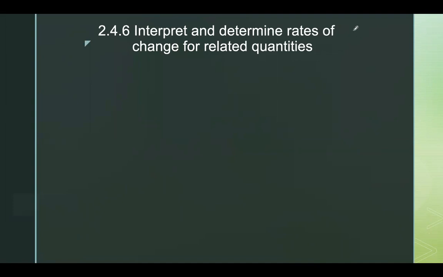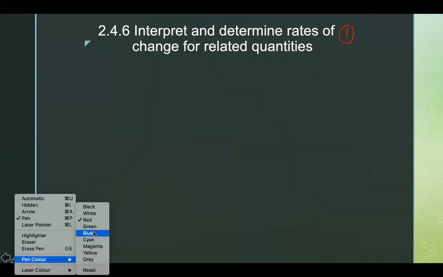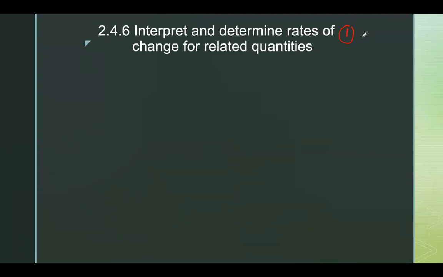The first one is the tangent and normal. The second one you already learned about is the maxima and minima problem. All right, so today we're going to learn the rate of change.